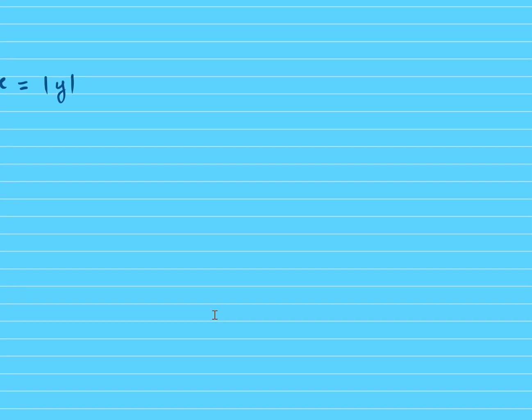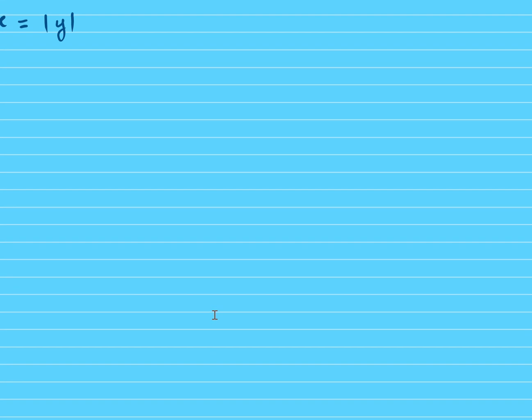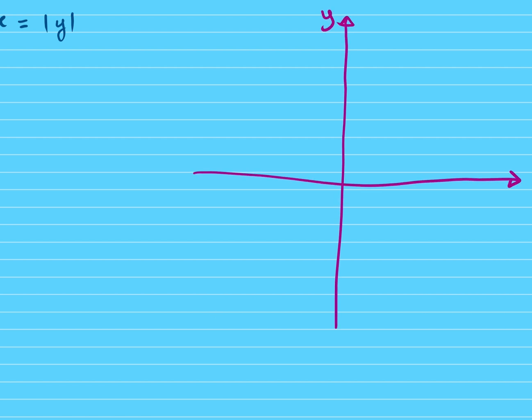We move to the next example, and this gives us x equals the modulus of y. Ooh, so how do we consider this? Well, we attempt to sketch again. We have the y-axis and the x-axis again. Ignore my wobbly line. The parent function here will be x equals y, and that means I draw this across like that. It is meant to pass through the origin, so if it's not, you're going to have to bear with me. There you go. This one ensures that x is always positive.